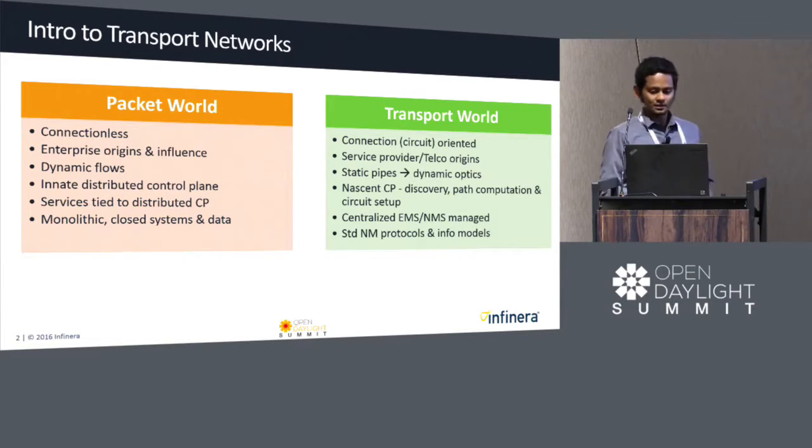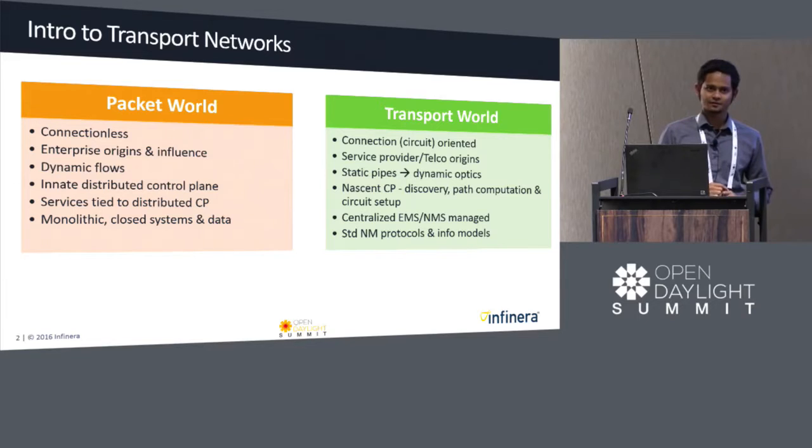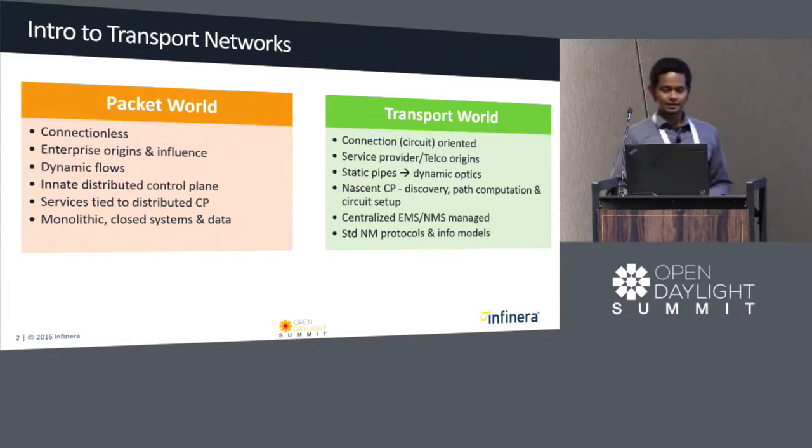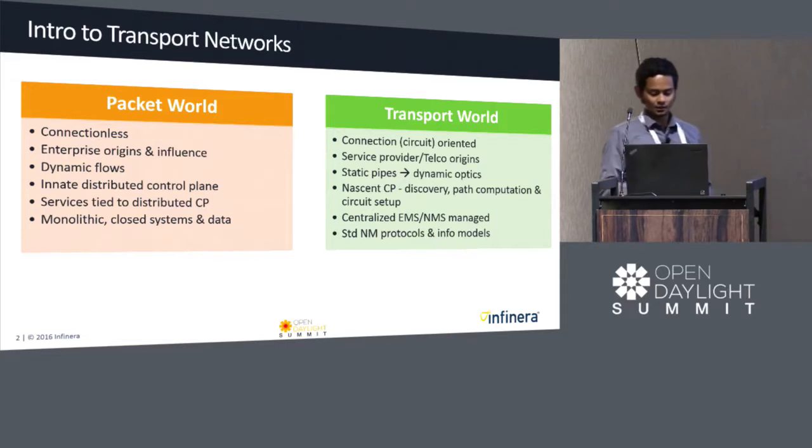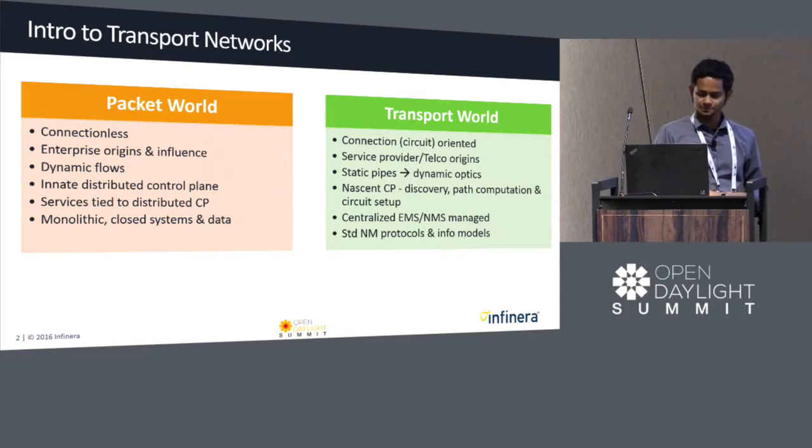Transport networks is a term that has been floating around more recently, and it combines all the different connection-oriented services that you would see, which doesn't necessarily have to be just optical. It could be layer 0, layer 1, or layer 2. It could be even MPLS-based circuits.